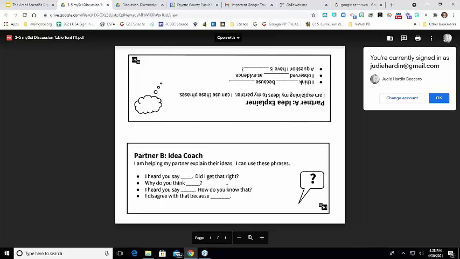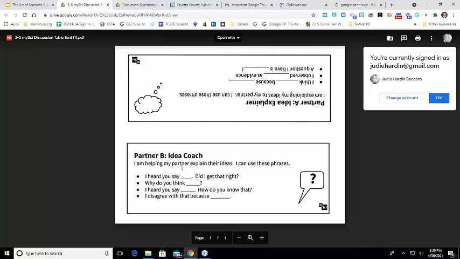I like to put these out. I copy these, and this is great if you're doing a paired discussion or maybe even a small group discussion. You divide the kids into partner A and partner B, and then they switch. Partner A has some guidance or sentence frames here. Partner A is your idea explainer, so they're explaining their idea.